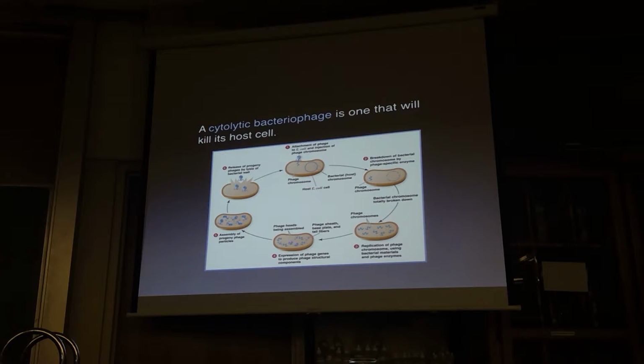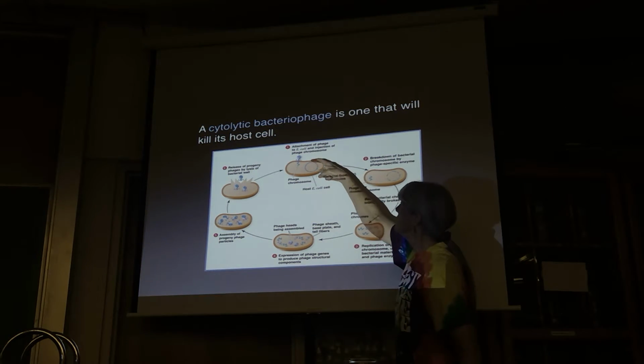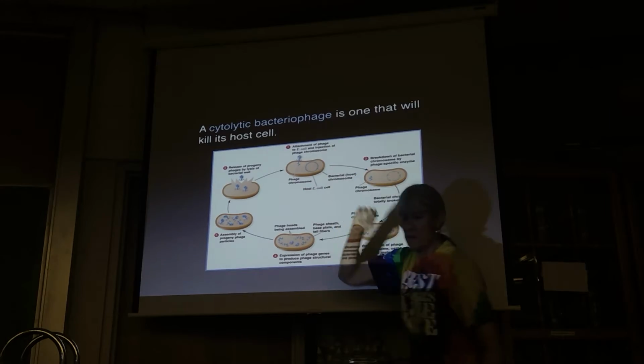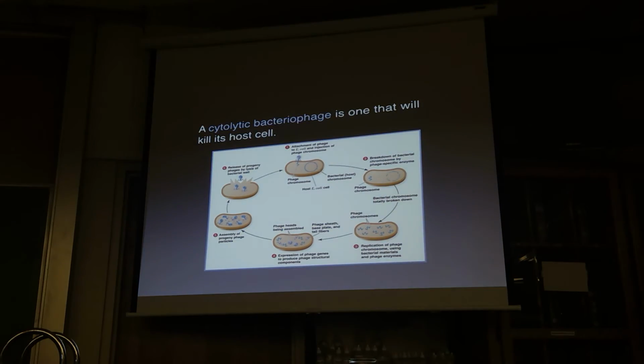This is just showing the life cycle of a cytolytic bacteriophage, where you have a bacteriophage get in. Actually, the whole thing doesn't get in. This is mostly packaging. If we look at a virus particle, real quick, this is a model of what's called a T-even phage. This bacteriophage has a fairly elaborate structure. This part up here is called the nucleocapsid.